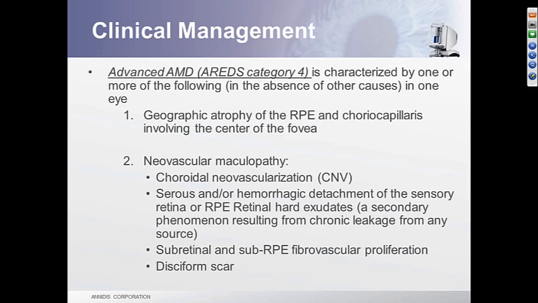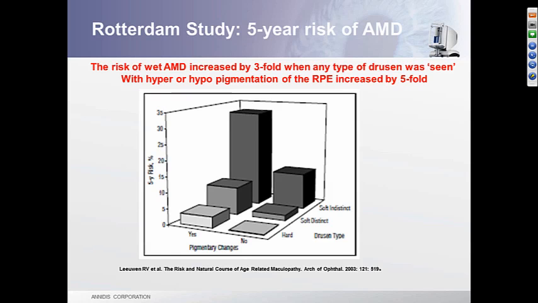And then advanced AMD, AREDS category 4, geographic atrophy of the RPE and choriocapillaris involving the center of the fovea, or neovascular maculopathy of any of the types listed here. Neovascular membrane, serous or hemorrhagic detachment, RPE retinal hard exudates, and all of the sequelae of that process, and of course disciform scar.